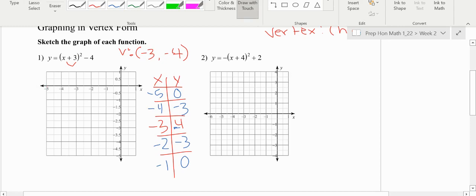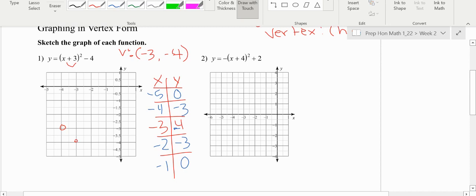And then I have negative 4, negative 3. My points look good just because my computer is a little goofy, but that's okay. We have negative 3, negative 4. And then it repeats over here.